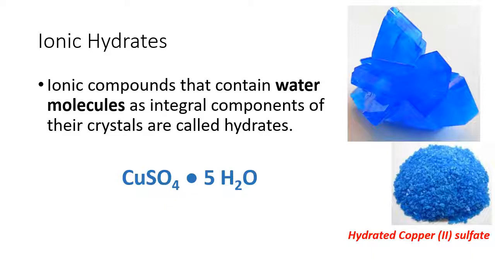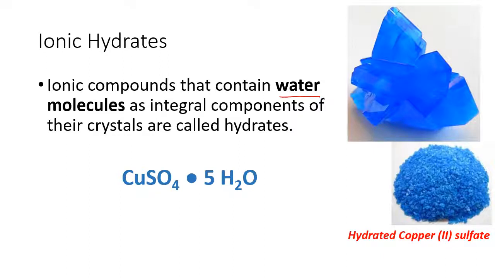Ionic hydrates are compounds that contain water molecules as part of their crystal structures. So these are still ionic compounds or salts, but now there's water integrated within its molecular structure. We can never predict the number of water molecules that a specific ionic salt will have surrounding it, but we can name them. So this blue crystal is representing hydrated copper 2 sulfate, or copper 2 sulfate with water in its structure.